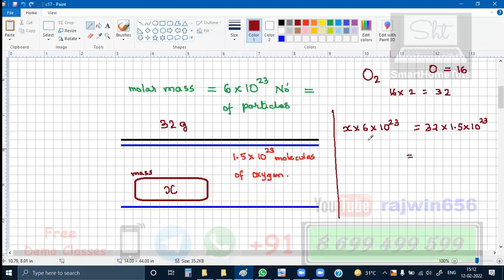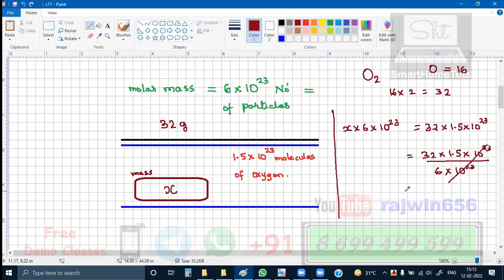This is equal to, I'll bring this 6 into 10 raised to 23 down here in the denominator, divided by 6 multiplied by 10 raised to 23. 10 raised to 23 straight away I can cancel out.